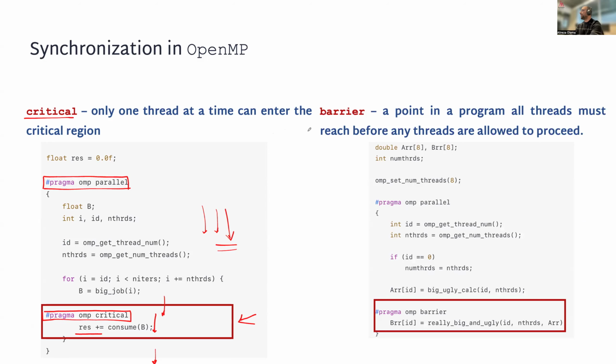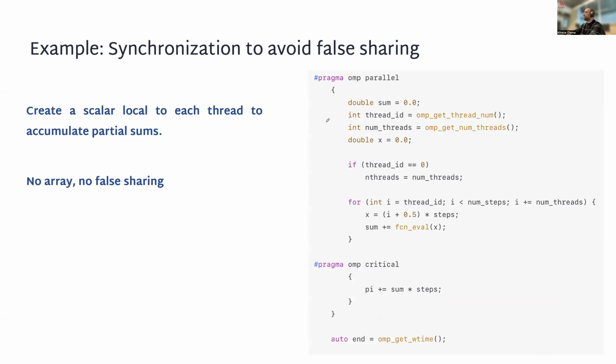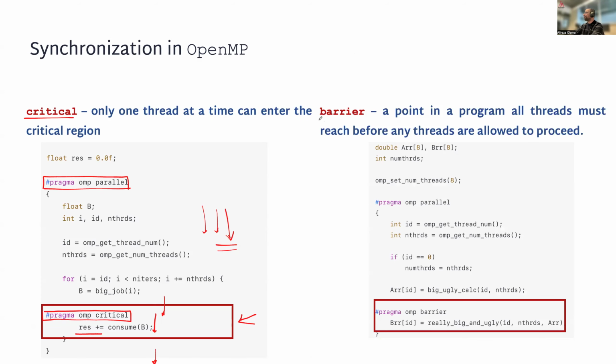So the next synchronization method that we're going to talk about is barrier. Basically, using barrier, we define a point in the program that all threads must reach before any thread is allowed to proceed. So it's a waiting point. So for example, in this part, again, we should use it within this pragma OMP parallel directive, right?